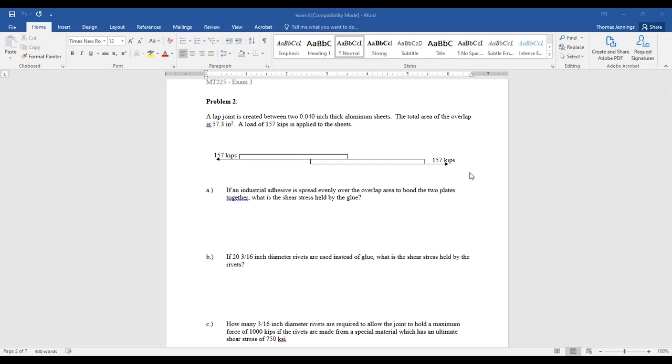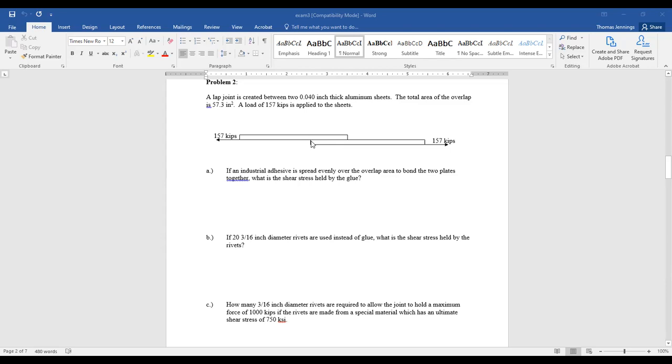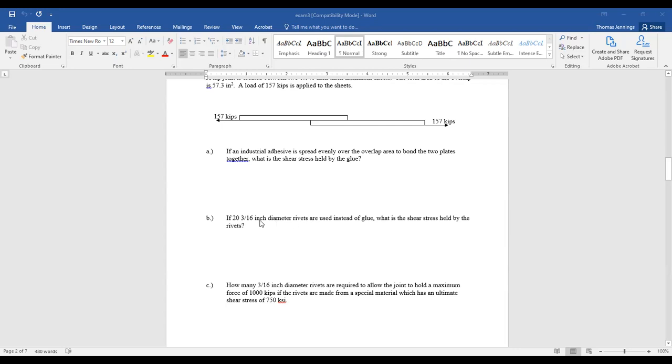So here we've got two plates, and this is similar, I think, to one of the homework assignment questions where you're figuring out the stress if we could glue these plates together, make use of every square inch of that contact area in the lap joint, or if we replaced that lap joint, or we supplied it with 3/16 diameter rivets instead of glue.